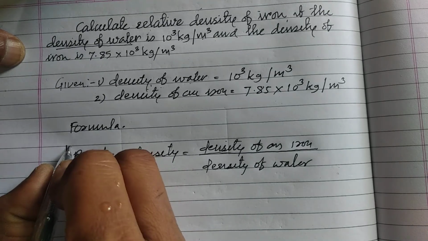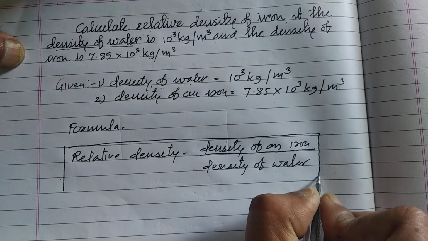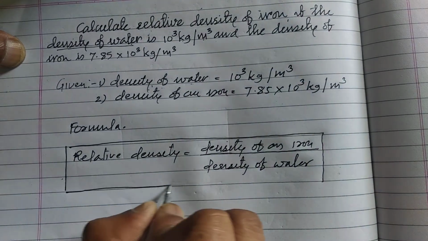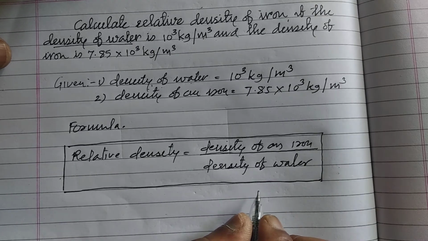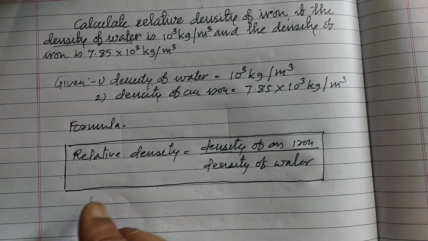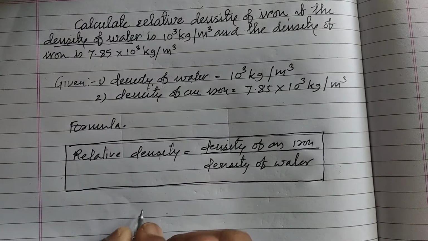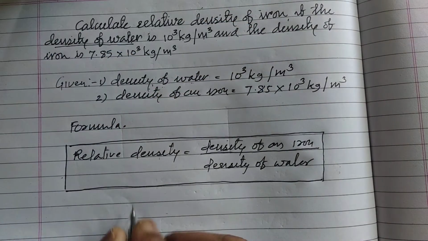So I made a bracket to it because this is a formula. Now I will put values into it. Next thing, a relative density of whom? We are finding the relative density of an ion.